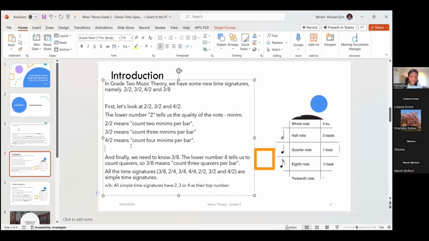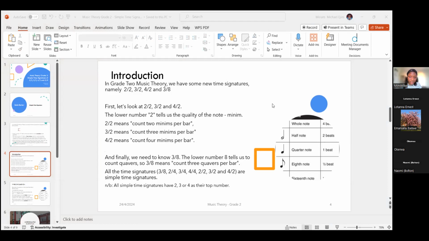Do you have any questions so far before we move into the exercises? If you understand what the numerator and denominator represent in a time signature, you should know what this means. When we get into the exercises, you will understand it further.